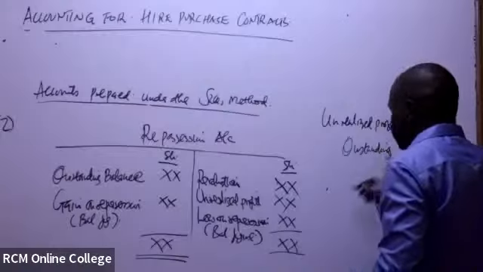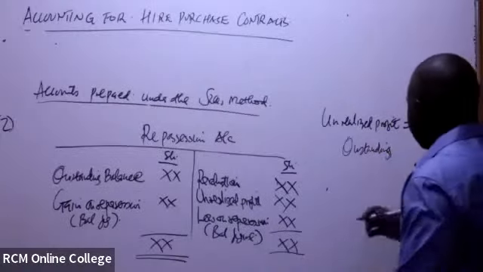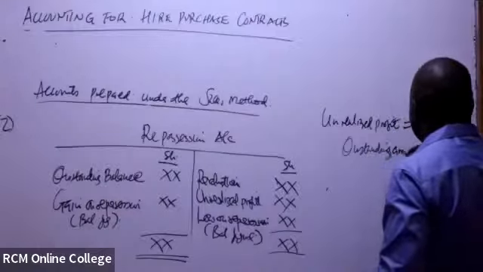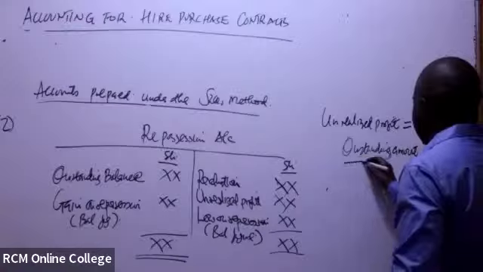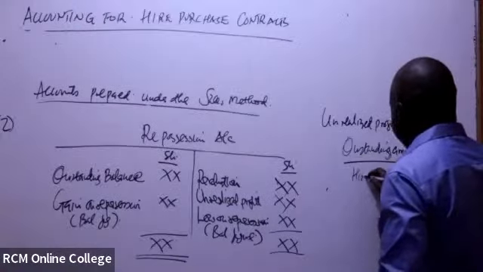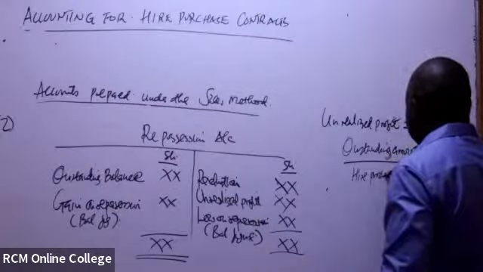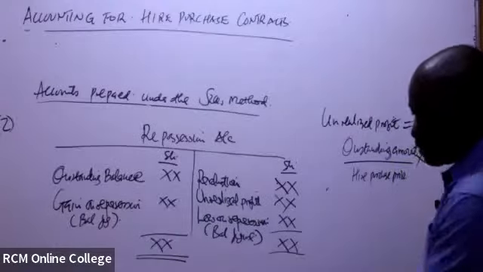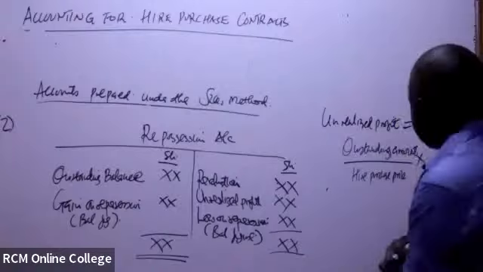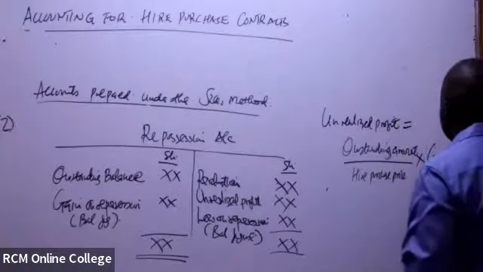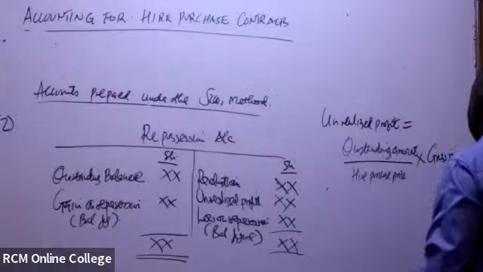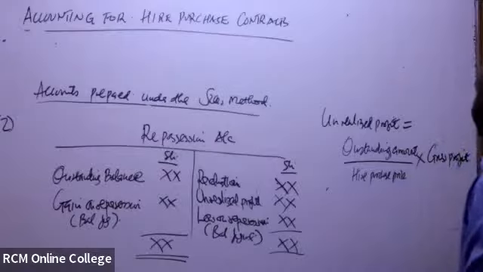You take the outstanding amount, divide by the hire purchase price, and multiply by the gross profit. So this is how you get the unrealized profit.